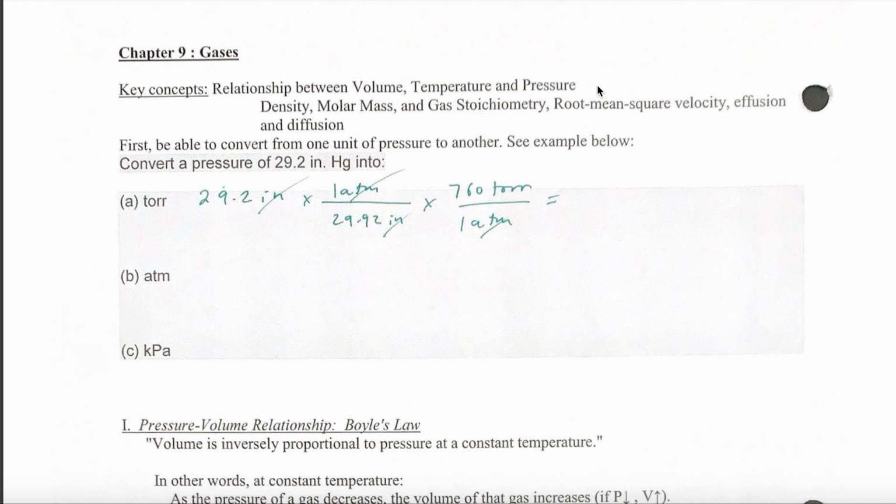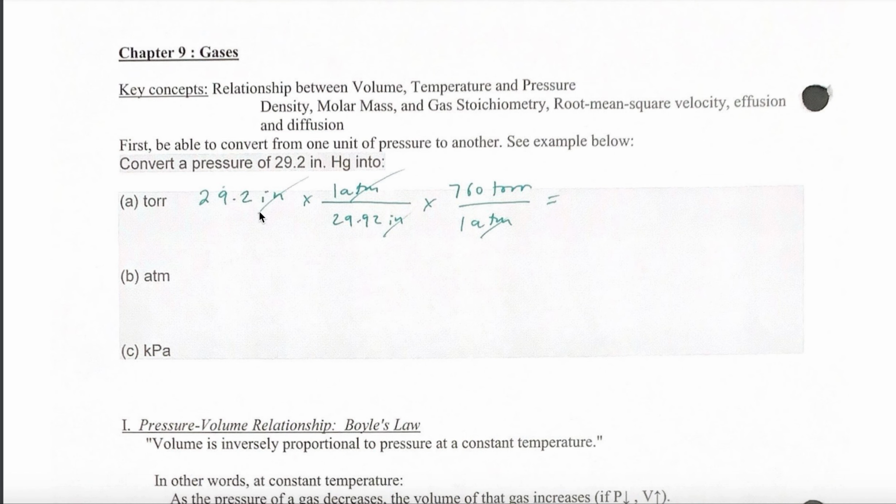First of all, we need to be able to get to the units that we want. For example, pressure. Usually we see pressure in inches of mercury, okay? And let's say we have to convert that into torr, ATM or kilopascal, we need to know how to do that, okay? Well, the first one here is shown for you.